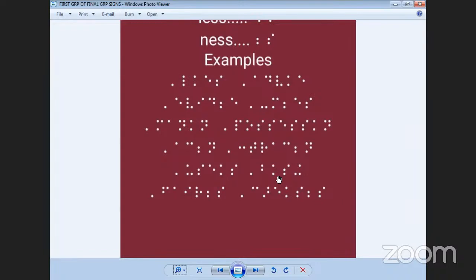We will be lost. So in this case we will spell B, and then contract less as dots 46 S, and then because it is blessing, we insert ing. Is that clarified? Yes.